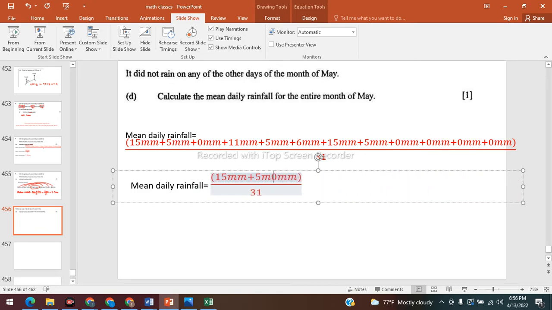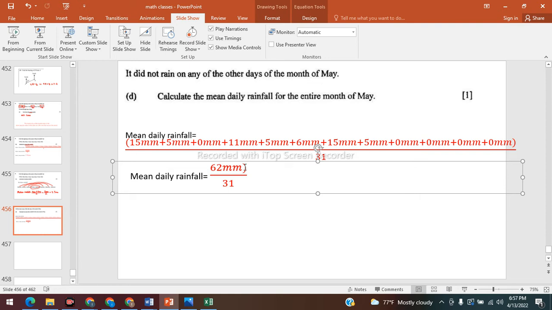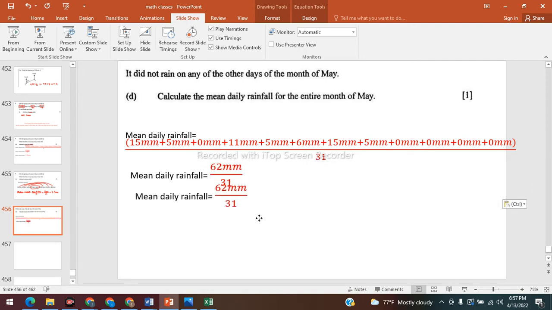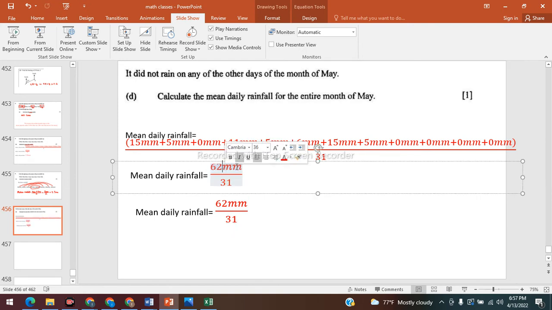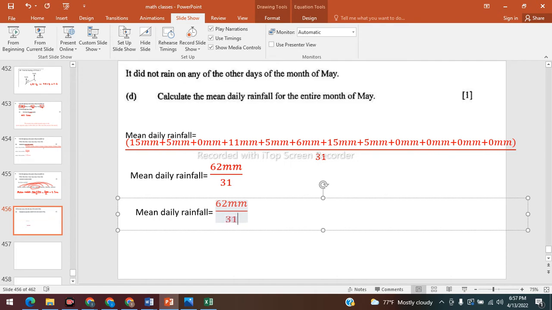There were no other days that rained, so all we're doing is dividing 62 by 31, which is 2. All right, then 2 millimeters.